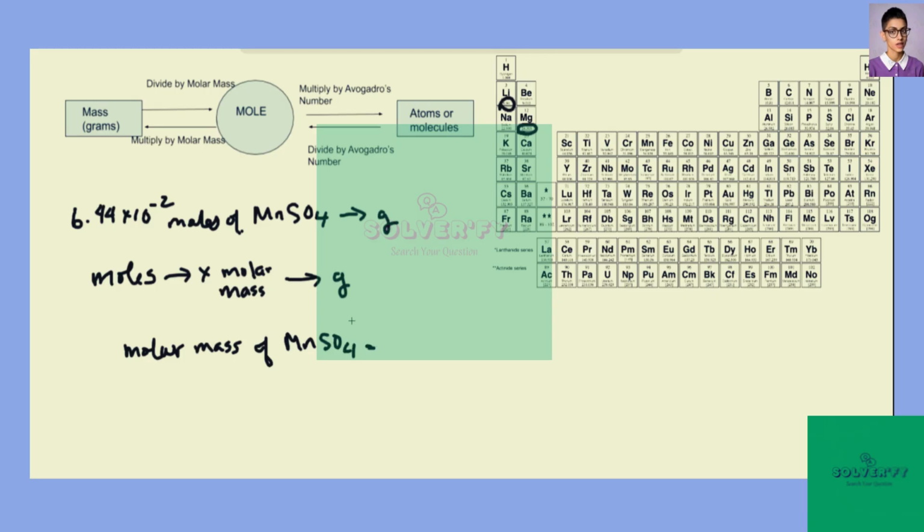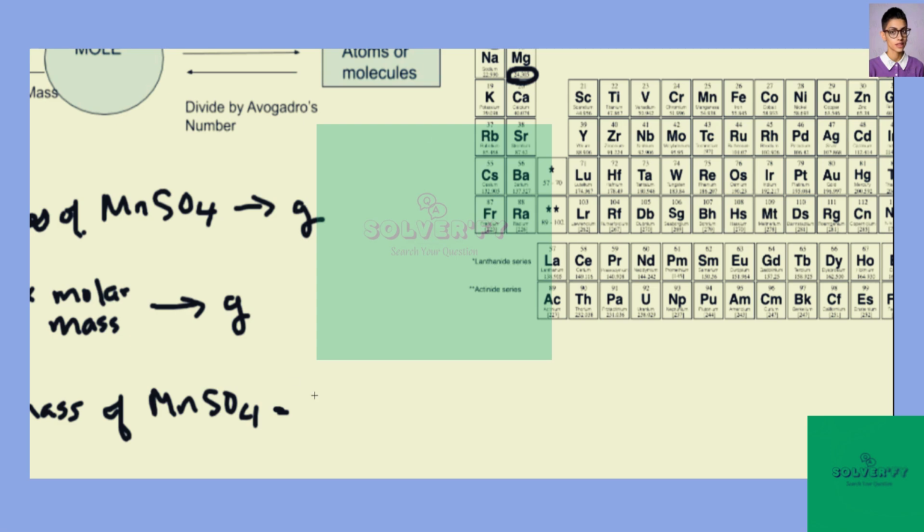So we have the mass of Mn, which is 54.938, plus the mass of sulfur, which is 32.06, plus 4 times the mass of oxygen.